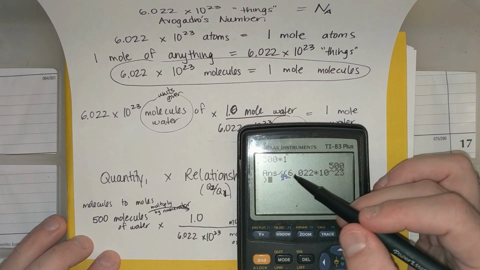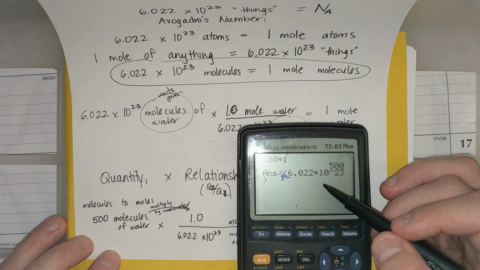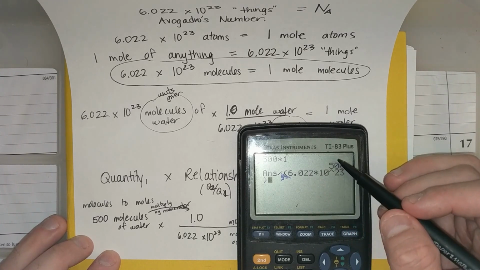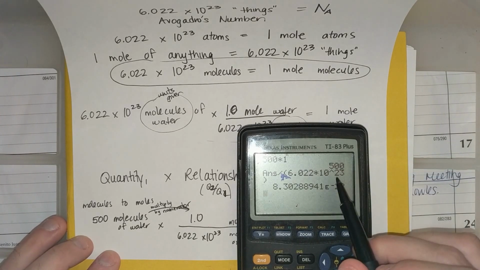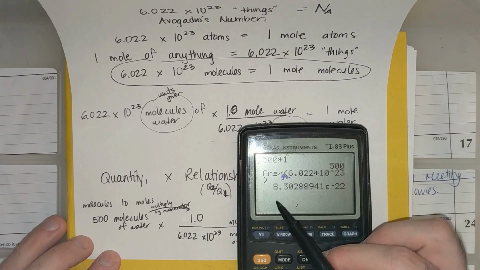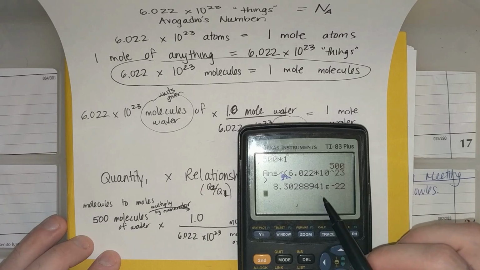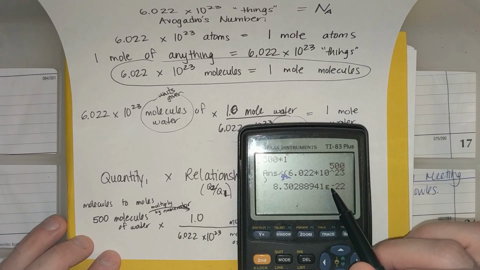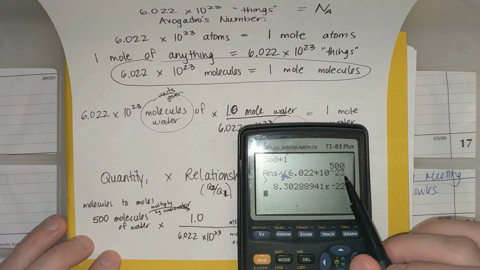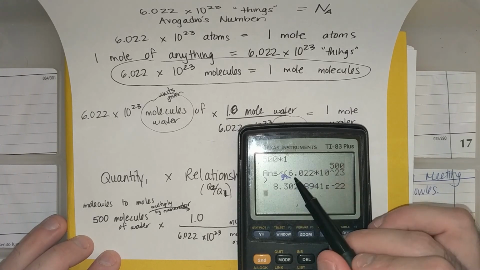if 1 mole is 6.022 times 10 to the 23rd, if I only have 500, this number should be really small. So if I hit enter, I do get a really small number, 8.30288941 E to the minus 22nd. Now, don't forget what E means. E means times 10 raised to the. I'm going to simplify this with just 4 sig figs.